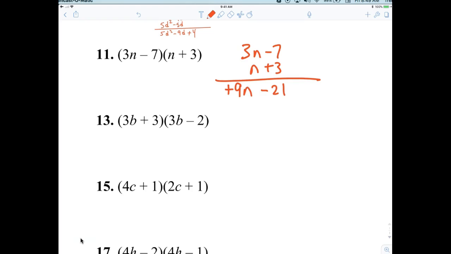N times -7, -7n. And n times 3n, 3n squared. Beautiful. You with me on this, guys?